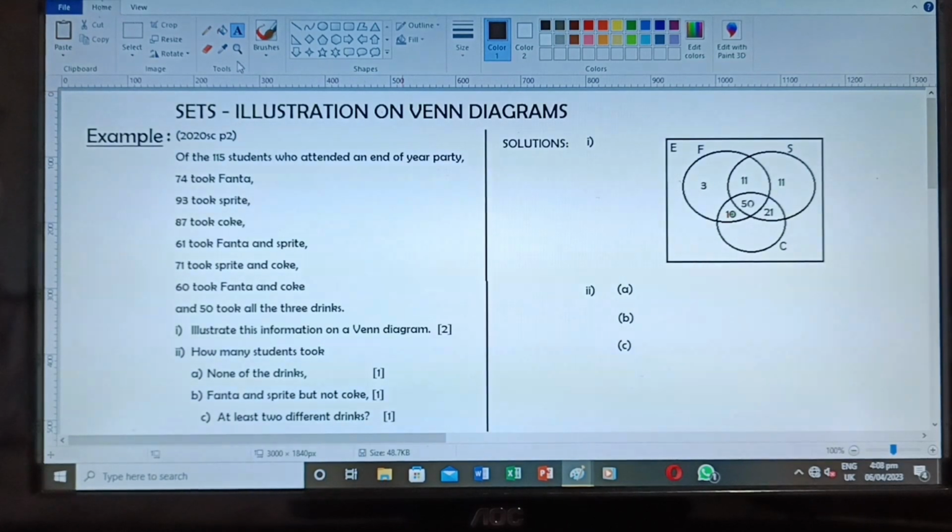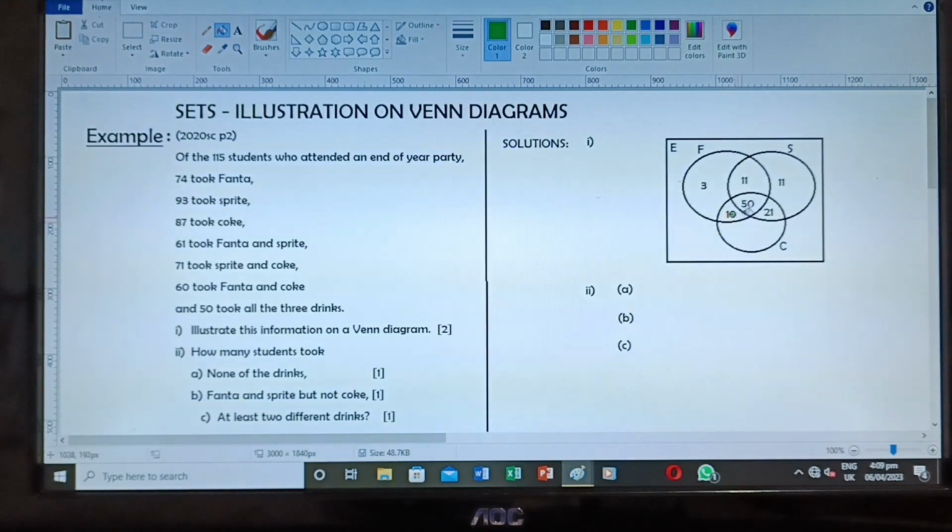And finally, we have now to look at those who took Coke. We are told they are 87. So the region for Coke is this one. So adding all those, we should get 87.